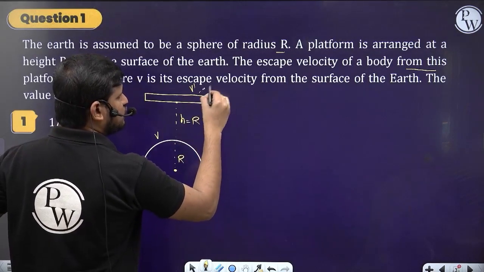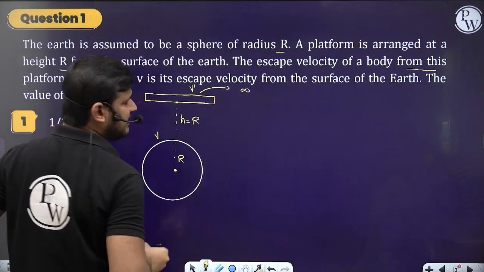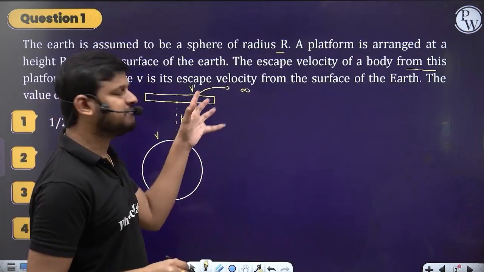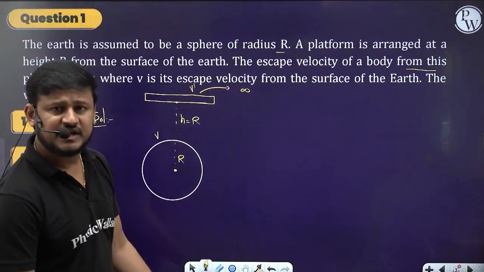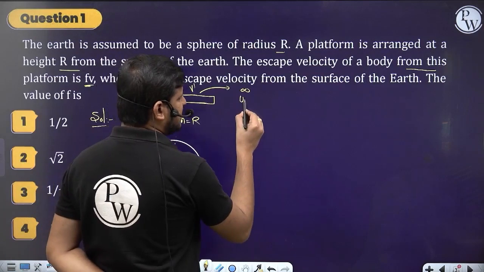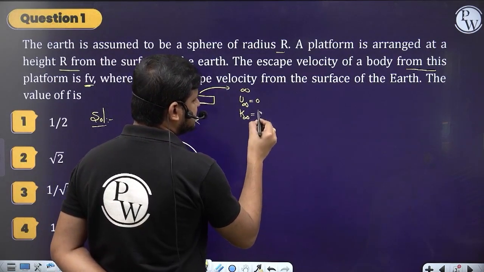If you are throwing with some velocity V dash, it reaches some point at infinity. It's escaping the gravitational field of the earth, meaning that distance we consider as infinity, a far distance. So the potential at infinity is 0 and the kinetic energy at infinity is considered 0.